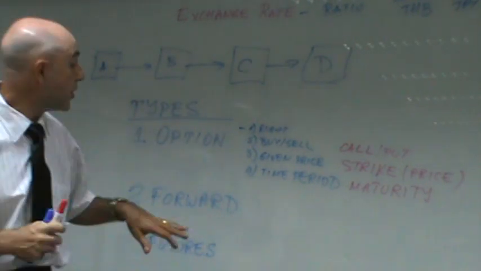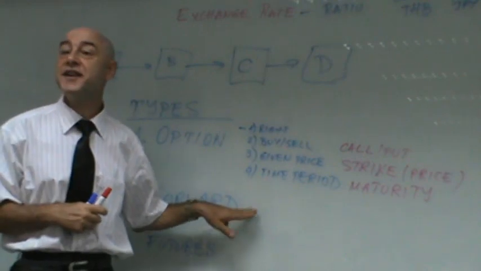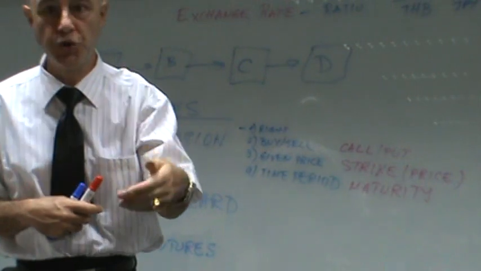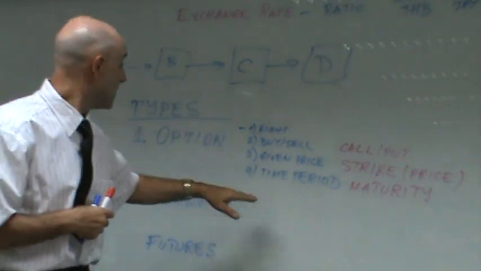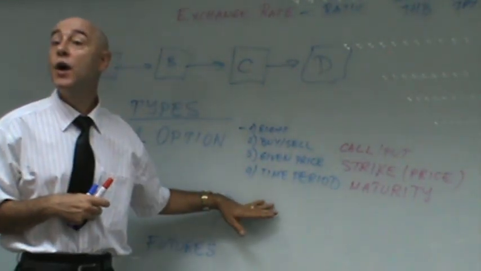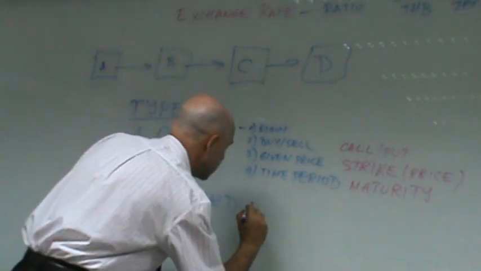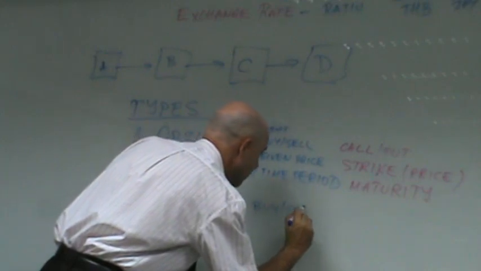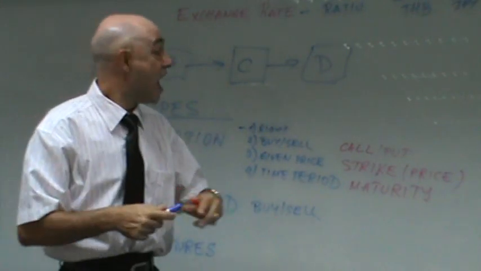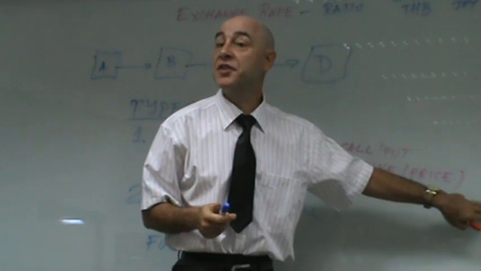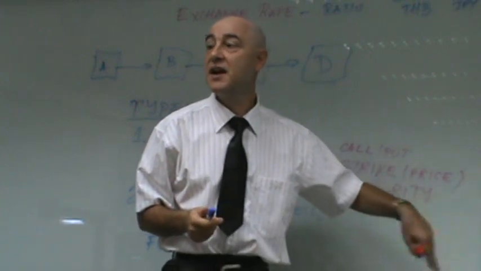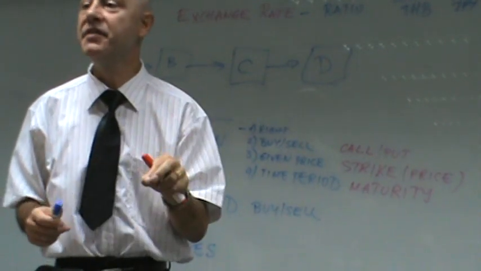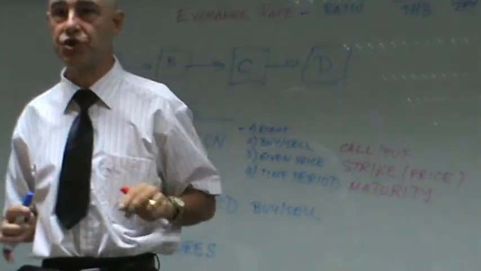A forward is a contract today to buy or sell a particular underlying asset at a given price at a given moment in the future.